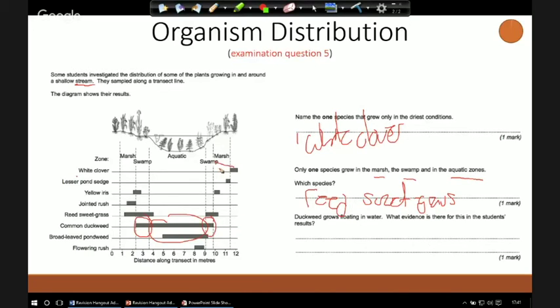But it's never found in the marsh. So how do we know that it grows in floating water? We don't find any in the marshland. It isn't present. Or conversely, we only find it in the swamp or the aquatic zone.